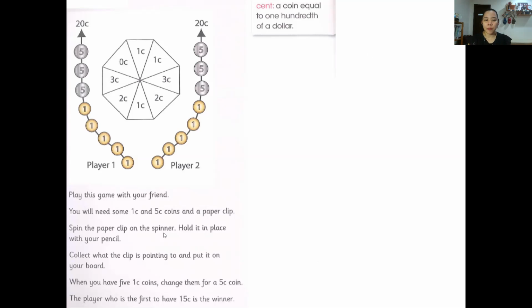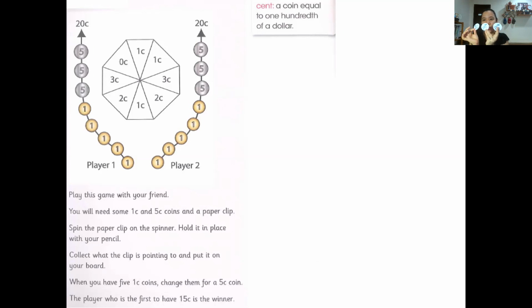Pin the paper clip on the spinner, hold it in place with your pencil, and collect what the clip is pointing to. If it points to 1 cent, then get 1 cent for yourself. And then another player will play the same way. If it points to 3 cents, then you are going to get 3 cents.